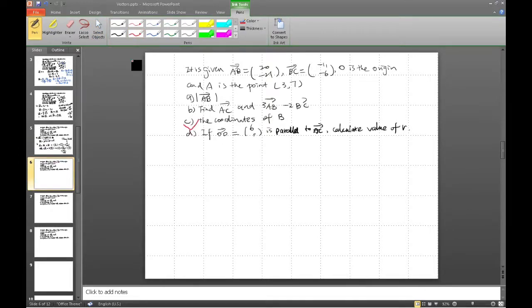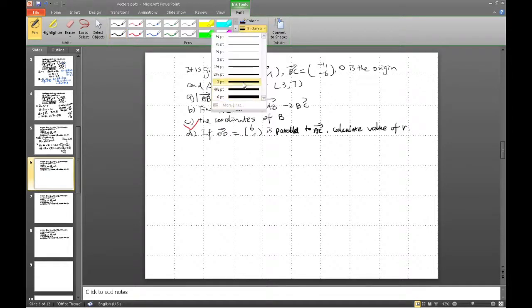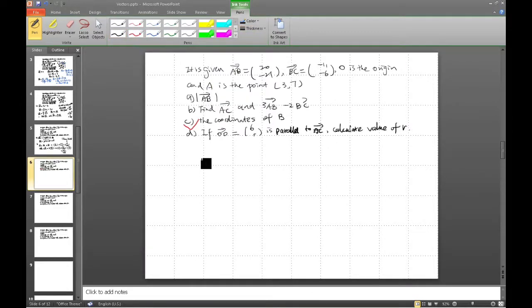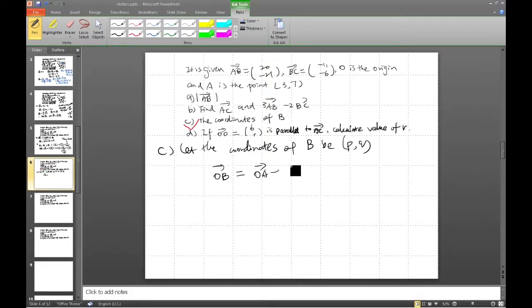Okay, let's take a look at part C. The coordinates of B. So let the coordinates of B be P and Q. And therefore, we form a vector equation involving OB.